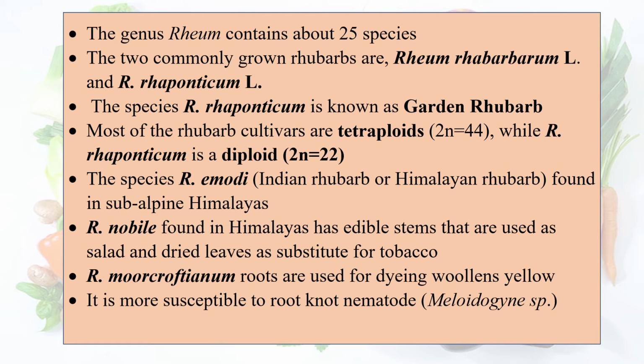And Rheum macrophyllum roots are used for dyeing woolens yellow. Okay, this is one species. And one more which we use for red color dyeing, and here it is dyeing woolens yellow. So these two are important. One more thing is rhubarb is more susceptible to root knot nematodes.